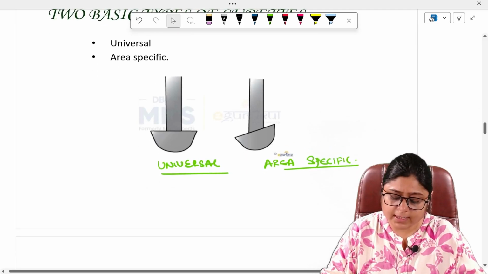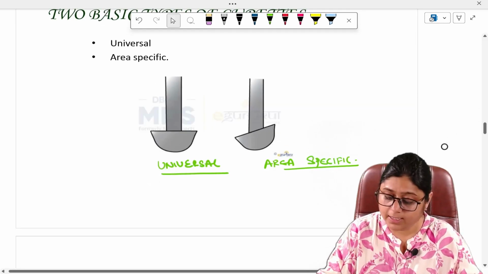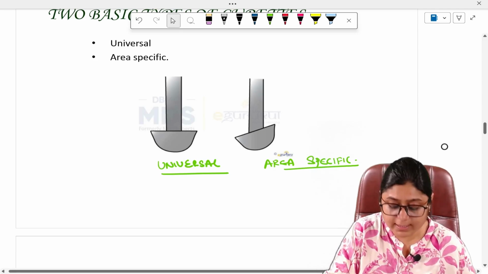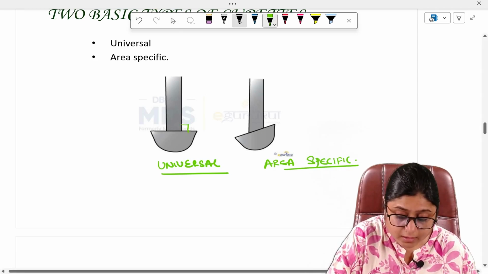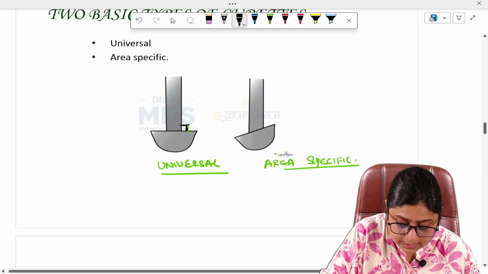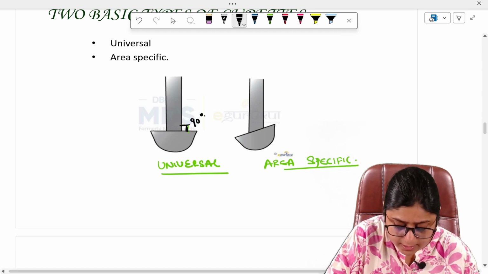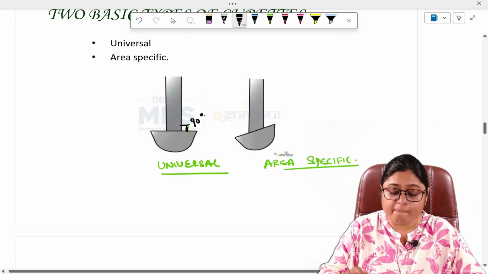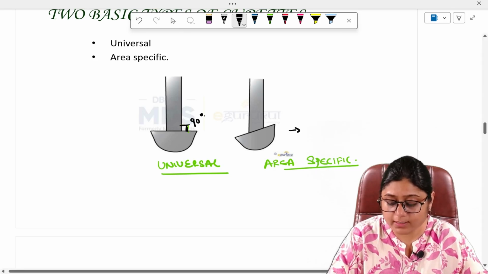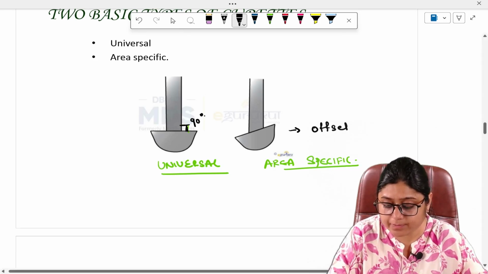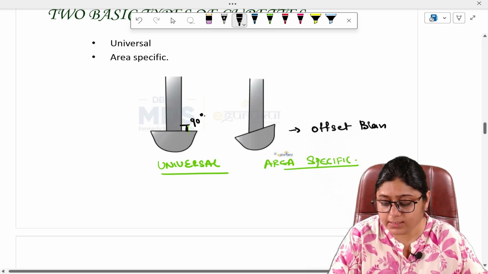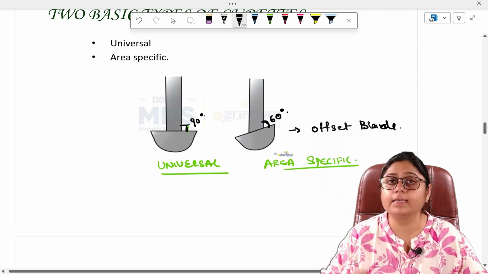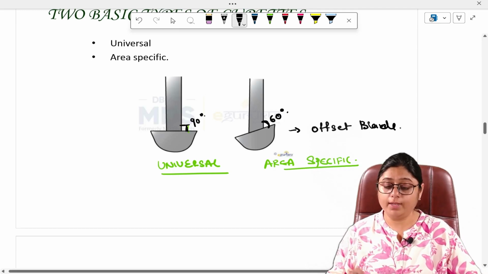Here you can see that the tip of the universal instrument is at 90 degrees to the shank, while the area-specific curette has an offset blade, and this angle is 60 degrees in area-specific curettes.